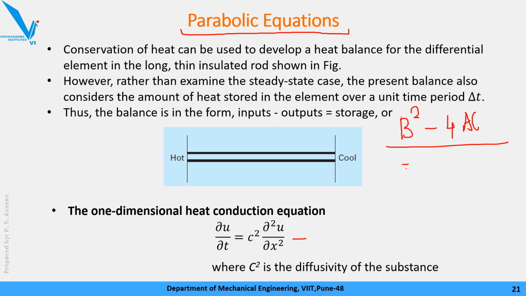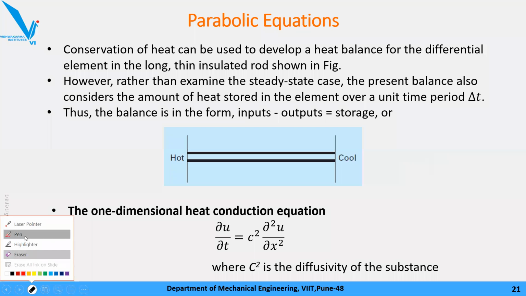If this value comes as 0, then you will say that the given partial differential equation belongs to parabolic PDE. Okay. During the introduction, we have seen a few examples of parabolic partial differential equations also. So let's see one of the examples.